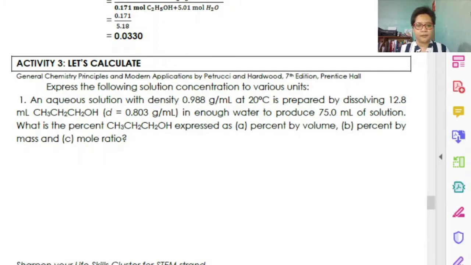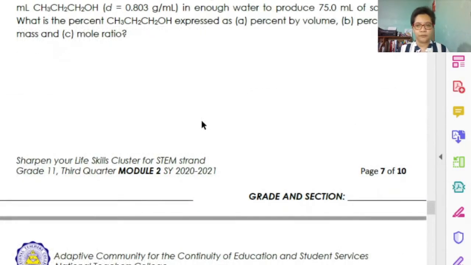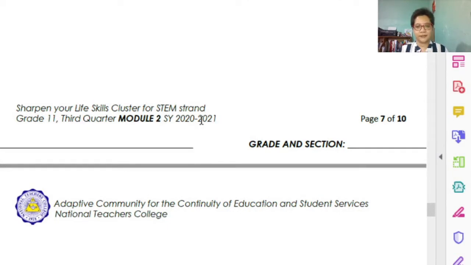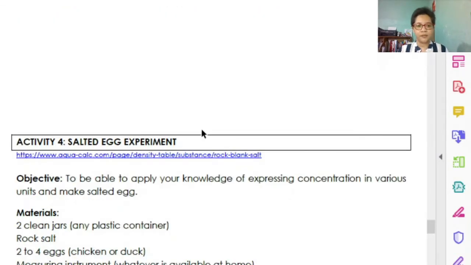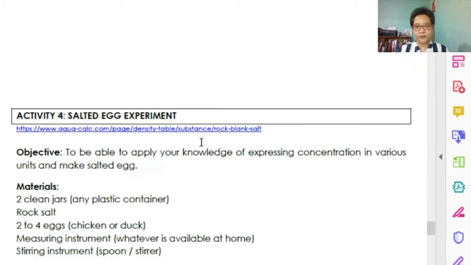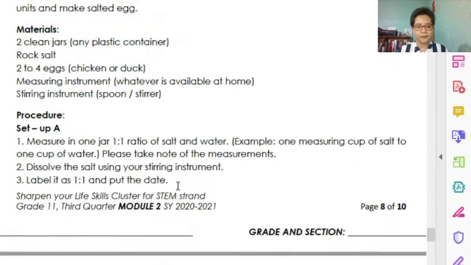Activity 3 is the application of your readings 2. Follow the procedures of the examples for you to be able to answer these exercises. Activity 4 is the procedure of your salted egg experiment. So, objective, materials, and procedures are already given.